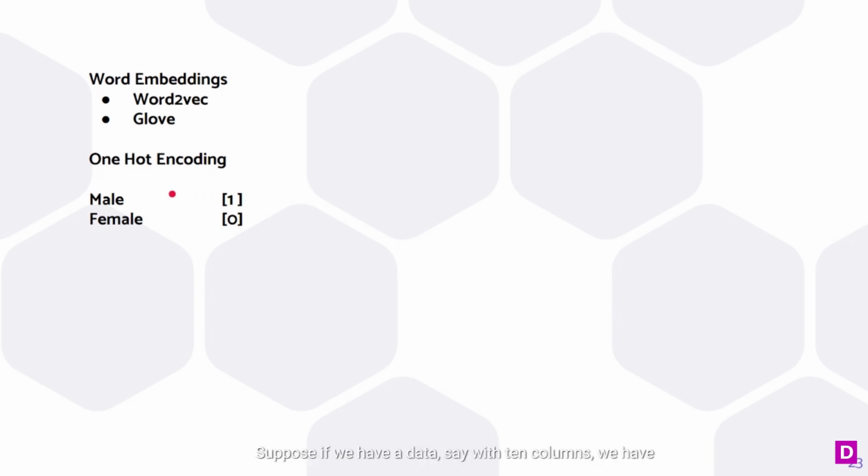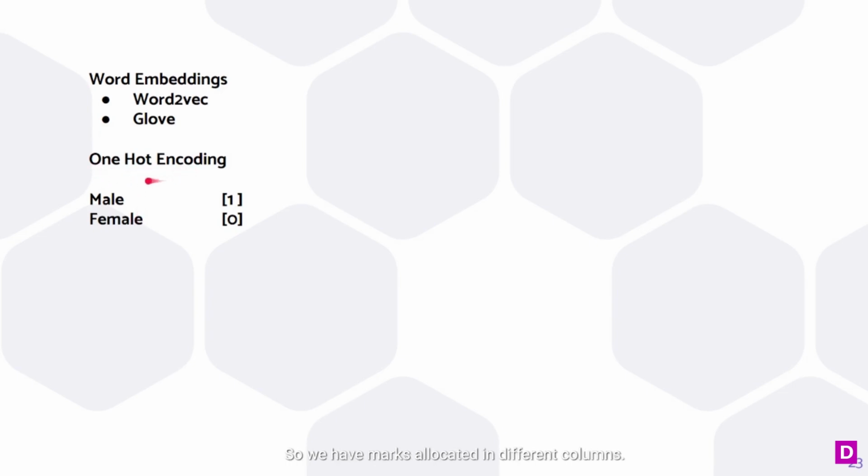Suppose we have data with 10 columns, where 9 columns are already in numerical form, but only one column is in textual form. One such example would be a class registry, about different subject marks.